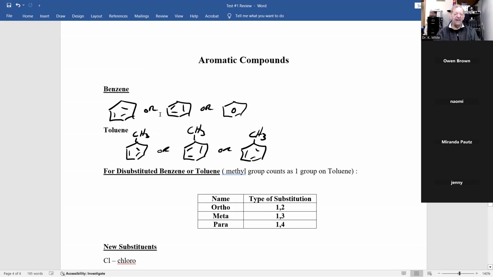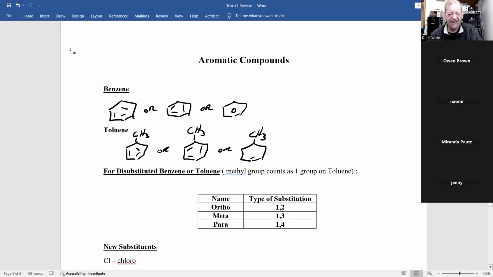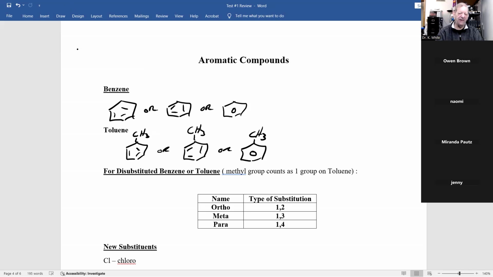But anyway, and here, you can write toluene, that's a methyl group on a benzene ring. Or you could do it that way.